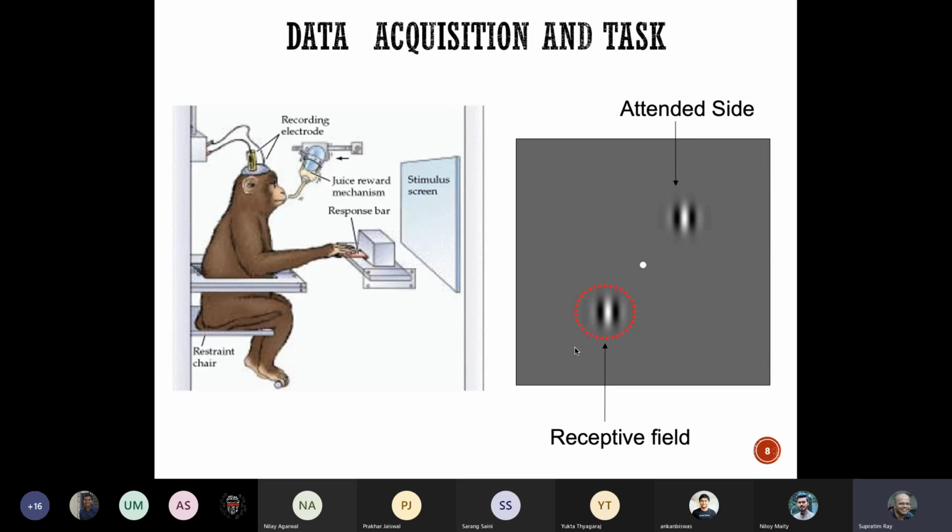And then if the monkey is able to maintain fixation or, in an attention task, detect some change in the stimulus, the monkey gets some juice reward. You see that juice pipe here, the monkey gets juice, the monkey gets happy, and the monkey continues to do the task. And then you record the neural data while the stimuli are being presented.